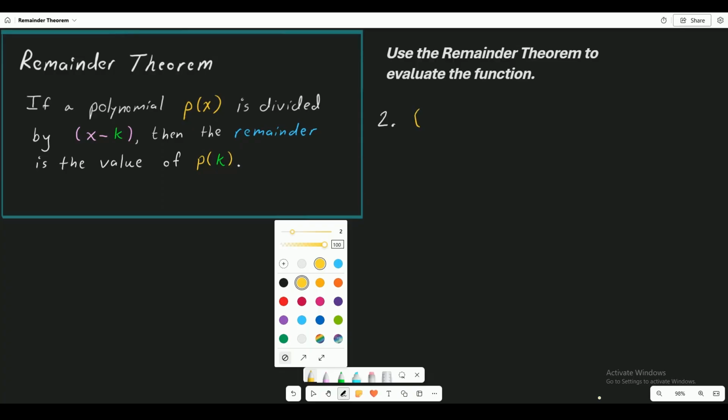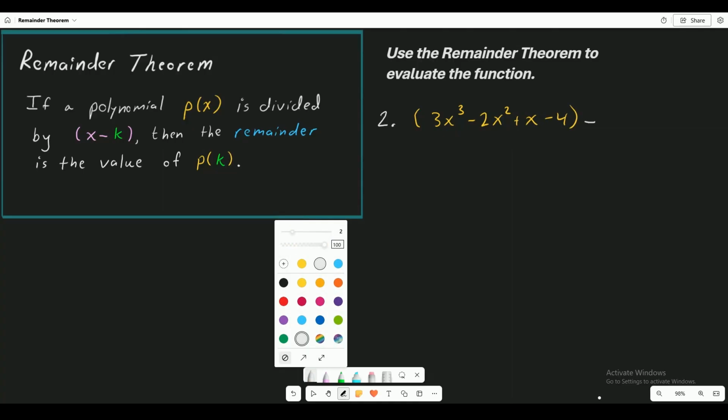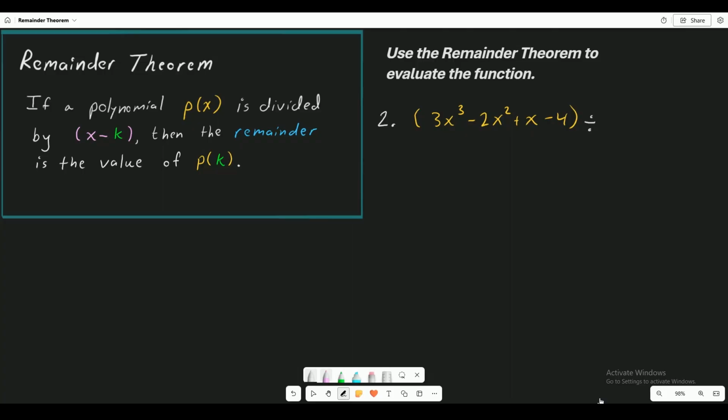So P of x is going to be 3x cubed minus 2x squared plus x minus 4, divided by, and our polynomial that we're dividing by is going to be a little funny, x plus 3.